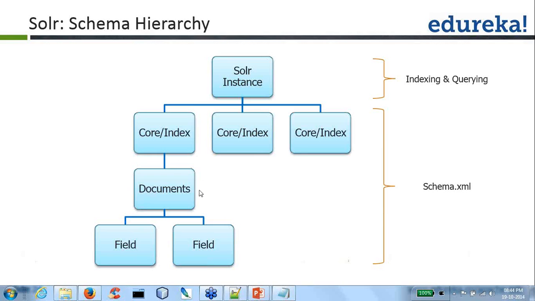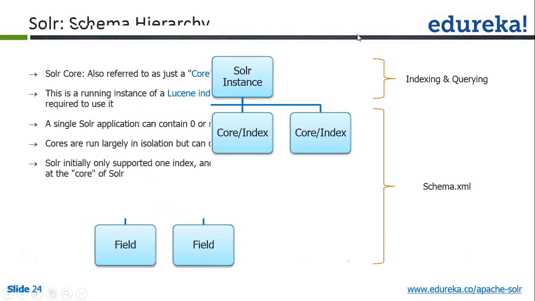So each core or index can have documents, and each document can have multiple fields, right? So every core or index will have a schema.xml file which will define the structure of the core. Okay, so which is very flexible. You have to define what kind of fields, what kind of field types you're going to use in that index, so that when you are indexing the documents, it will follow that particular structure.